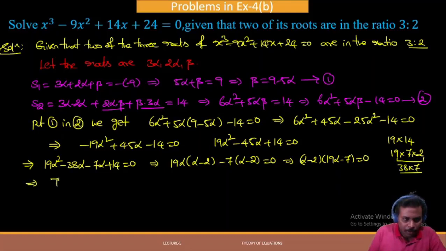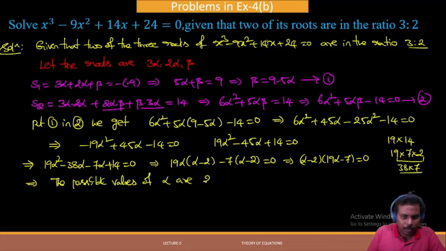So the possible values of alpha are 2, 7 by 19. Only one among these two is a correct choice. So let me try with a simple one.